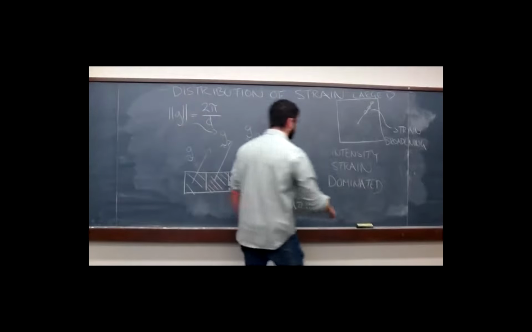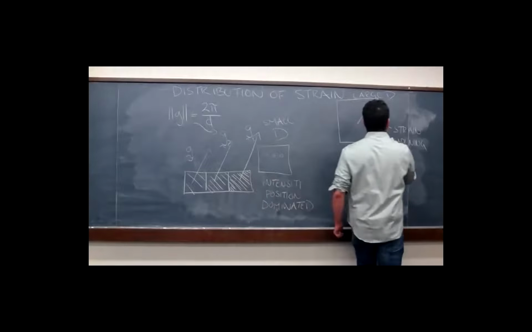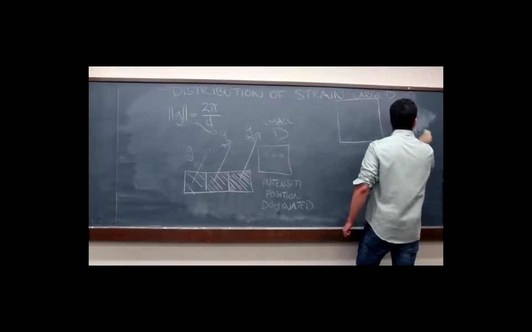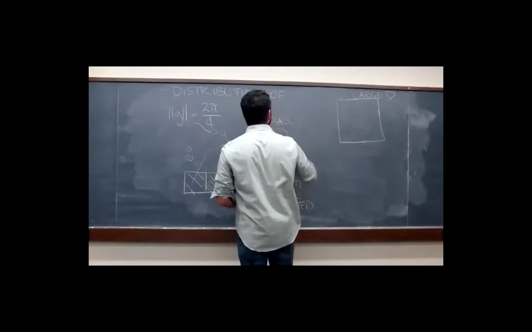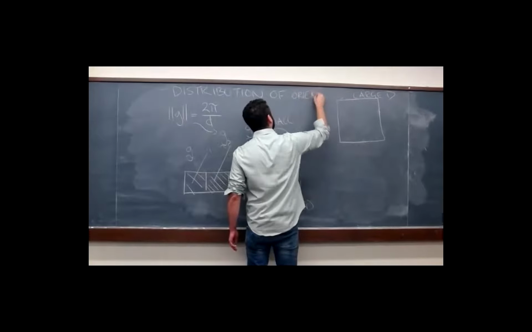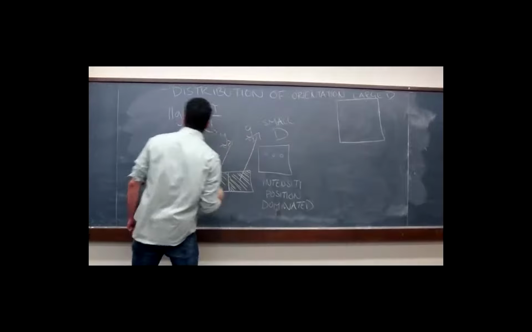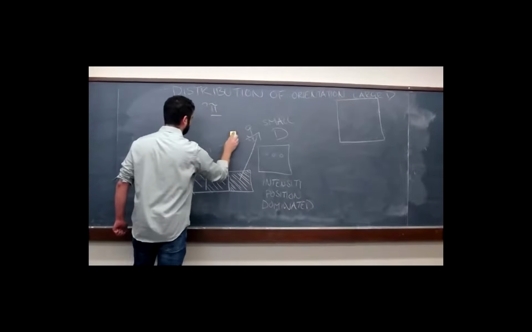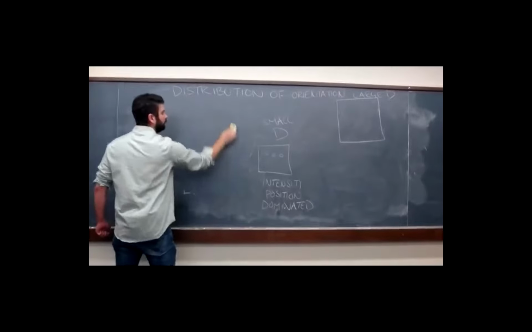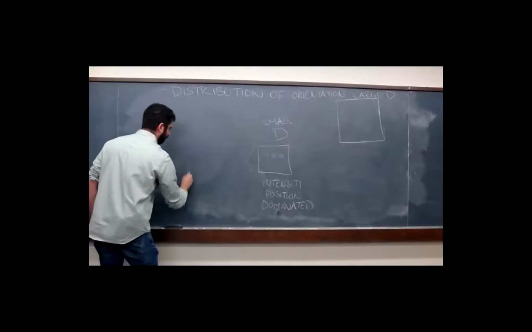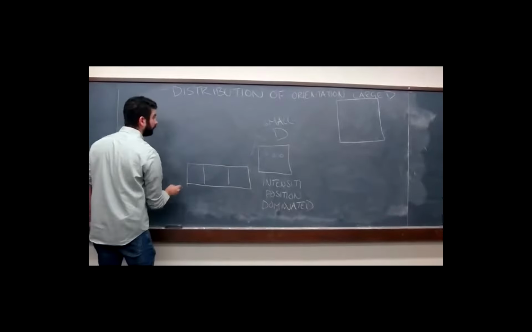So now we're going to talk about what happens if we have a distribution of orientation. I'm going to keep my pictures here. So again, I have my 3 crystallites here, and now the crystallites are going to be misoriented from one another.